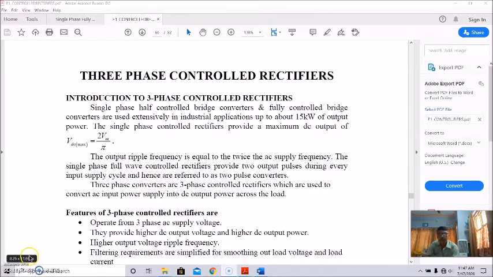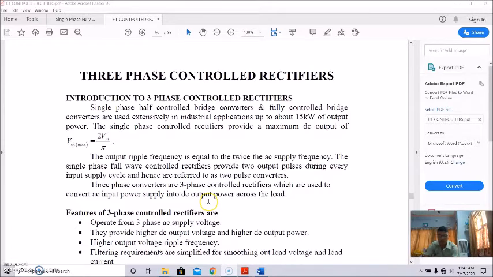converter. So basically what we are finding is that three-phase control rectifiers are particularly of two types, that is half-wave control rectifiers and full-wave bridge rectifiers. Half-wave is again subdivided into three-pulse converter and six-pulse converter, that is three-pulse means three-phase half-wave control rectifiers, and six-pulse means six-phase half-wave control rectifiers.